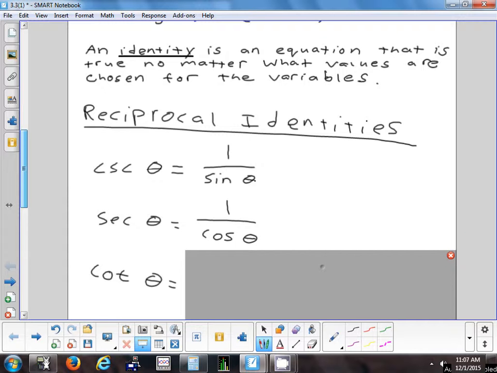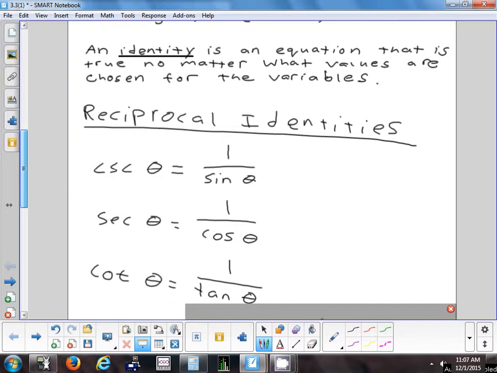Cosine. And what trig function do you flip to get cotangent? Tangent. Yep. These are called your reciprocal identities, and they are true no matter what value you pick for the angle. You can use a 10-degree angle, a 12-degree angle, negative 76.4. It doesn't matter. This equation is always true.